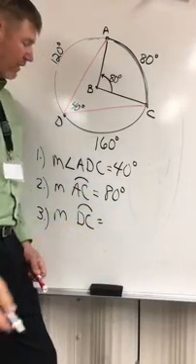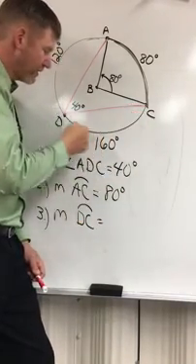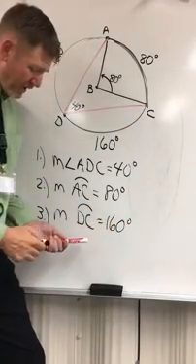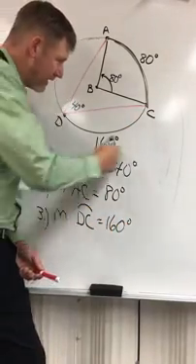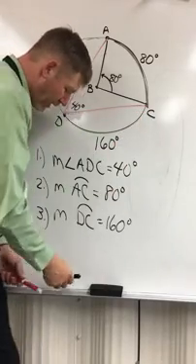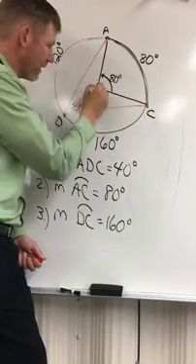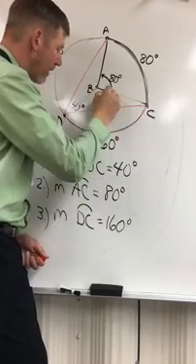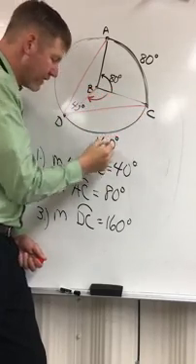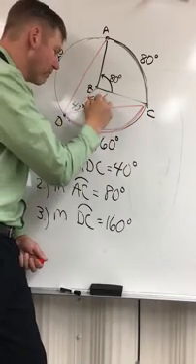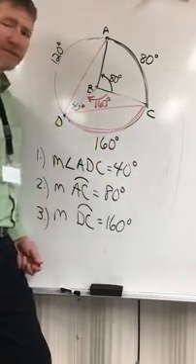Okay. Now look at arc DC. Arc DC is 160 degrees. Now what does that mean exactly, that arc DC is 160? Well, think about it, guys. That means this central angle right here from D to C, this 160 sweep from here to here, is 160 degrees.